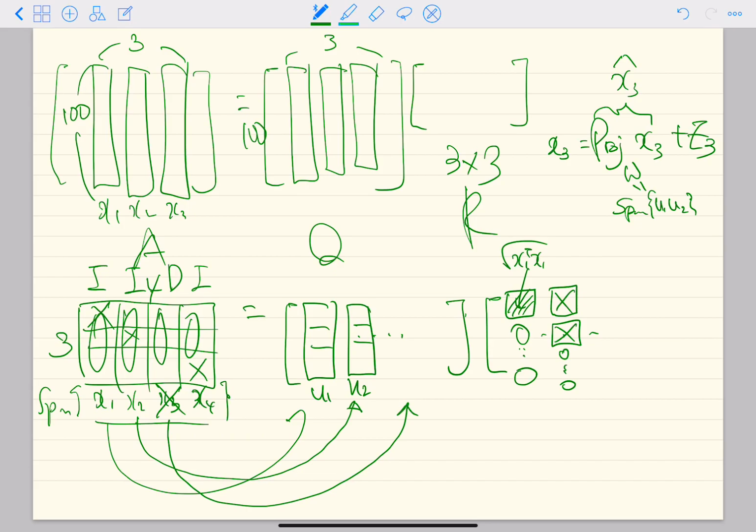Okay, so in this case if x3 is a linearly dependent vector, it should already be inside the subspace spanned by x1 and x2, or u1 and u2, right?